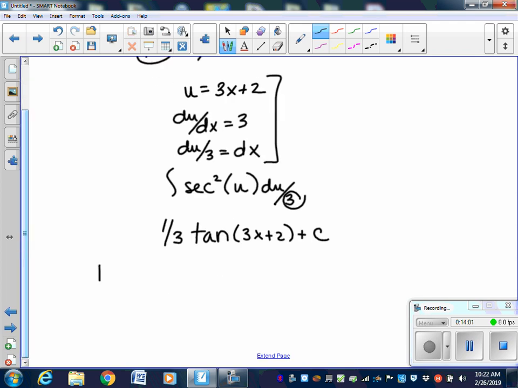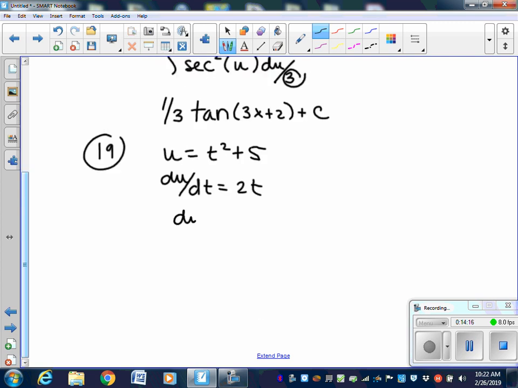Keep going, number 19. I'm going to let u equal t squared plus 5 for this problem. du/dt equals 2t. So du divided by 2t equals dt. I'm going to integrate. I'm going to leave the t.